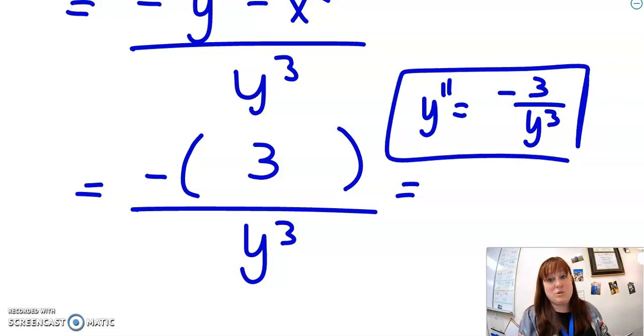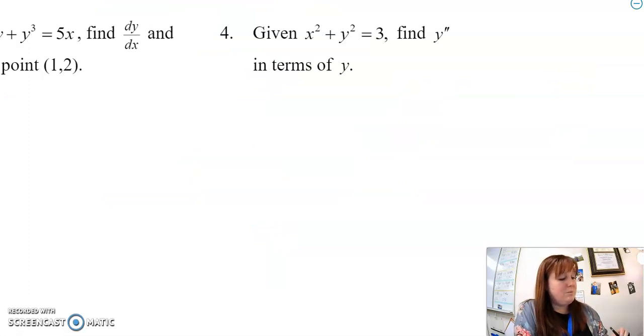Let's look at it with the quotient rule, just to see if maybe the quotient rule would have been a better option in this case, because we wouldn't have had so many negatives and it would have been more obvious which way to go. So remember, we got to the point that y prime equals negative x over y, and we need to find y double prime.